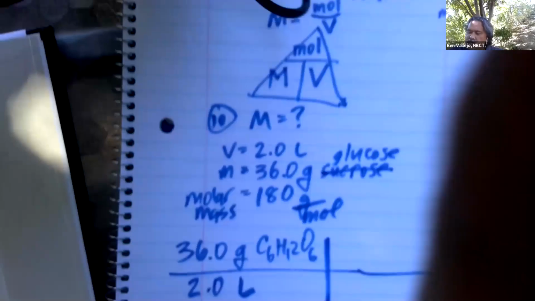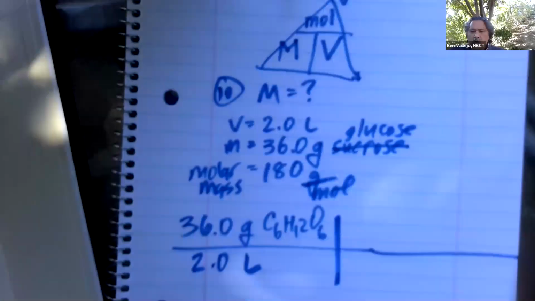Okay. But what we want to figure out by the time we're done, when we get the molarity, is moles over liter. Well, we've got the liter on the bottom, which is what we want, but we need moles on top. Fortunately, they gave us 180 grams per mole.